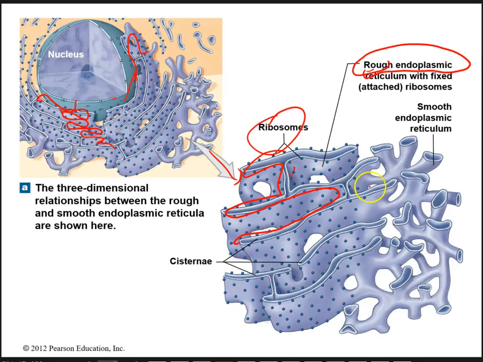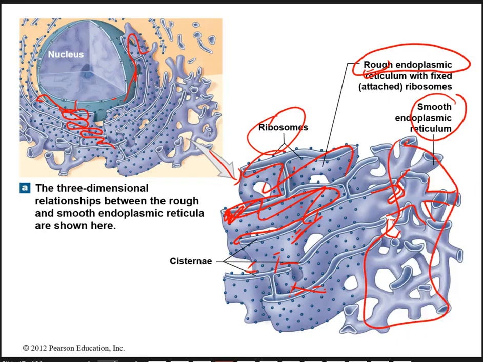And then eventually that folds out into the smooth endoplasmic reticulum that does not have any ribosomes on its surface. This part over here, the rough ER, is the part where we're going to be modifying proteins, helping in protein synthesis. This part over here is where we're going to be making lipids.